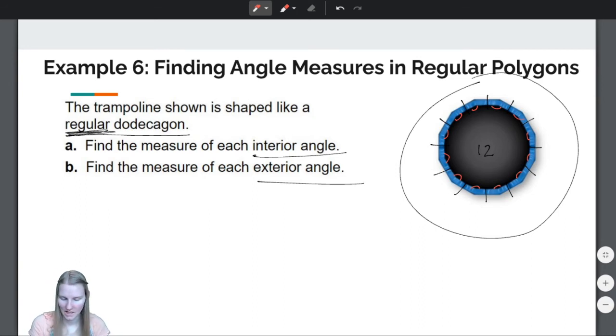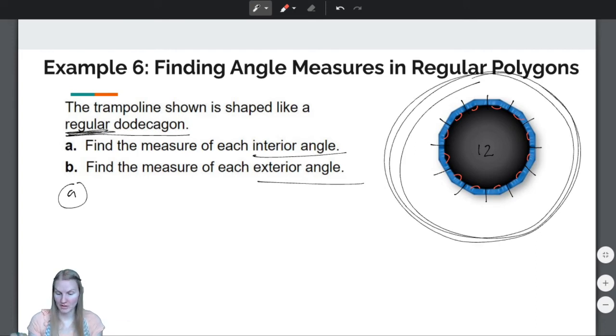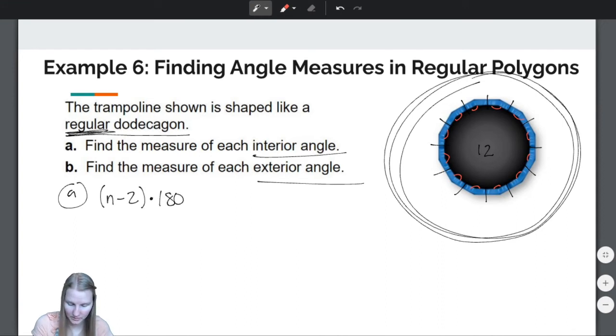Now, let's look at part A first. Part A says to find the measure of each interior angle. Well, how many degrees are there even in this thing? How can I start talking about a specific angle if I don't know all of them? So, I take n minus 2 times 180.